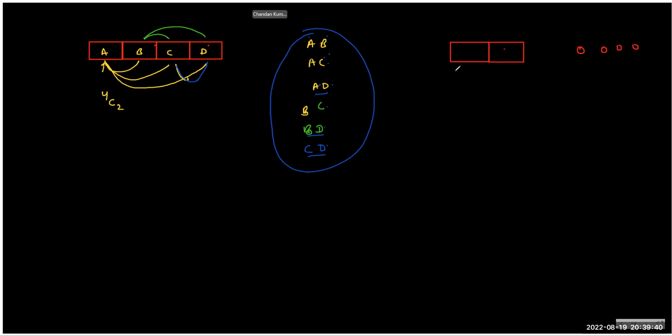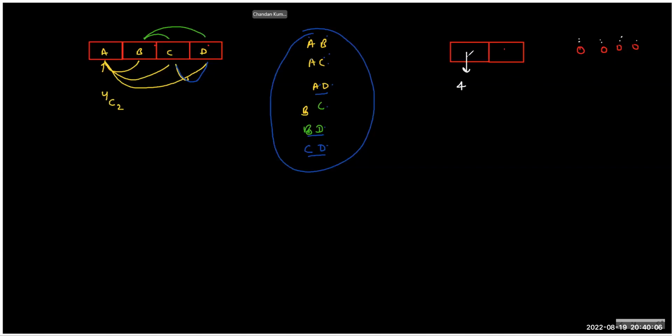So if I start from here, the first place has how many choices to make? This can pick any one of the 4, isn't it? So the first box can be filled in how many ways? 4 ways. 1, 2, 3, 4.